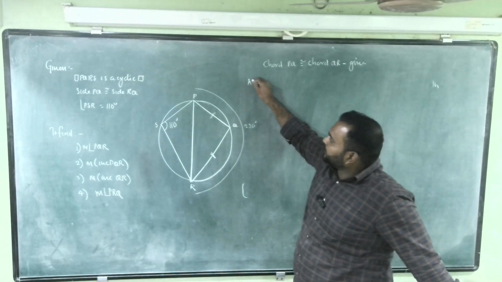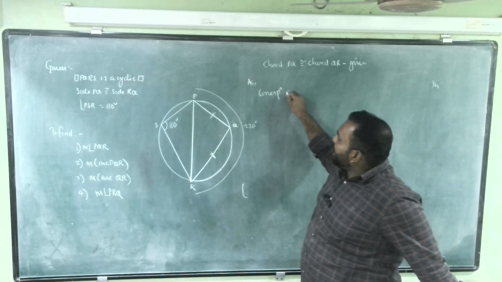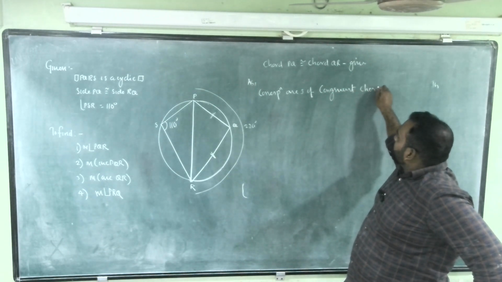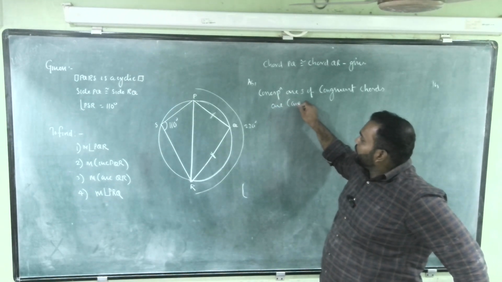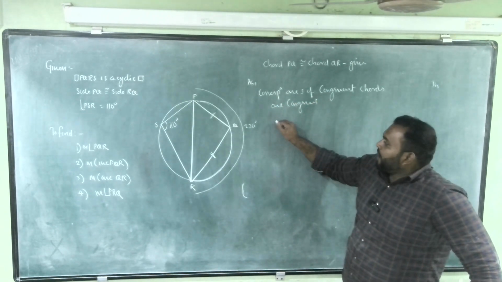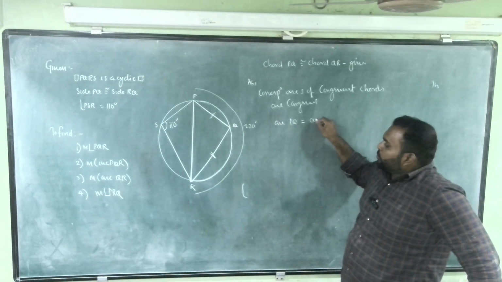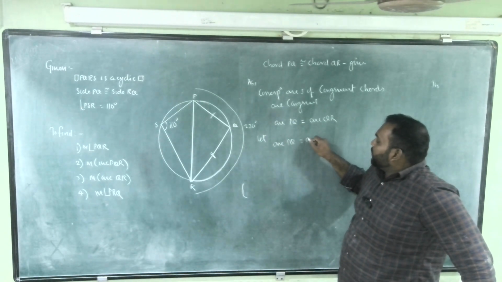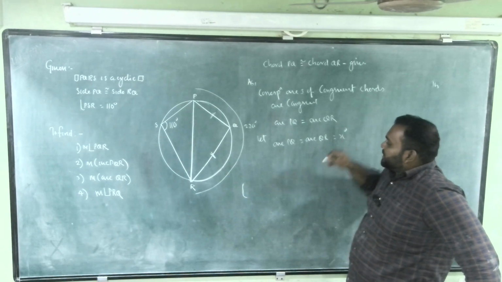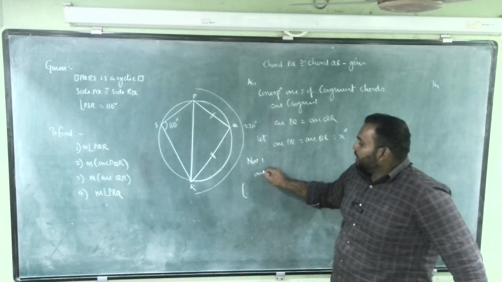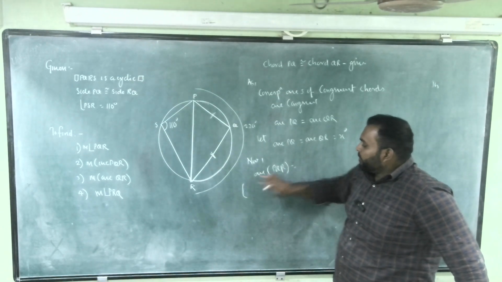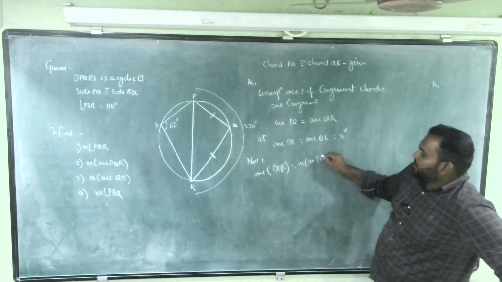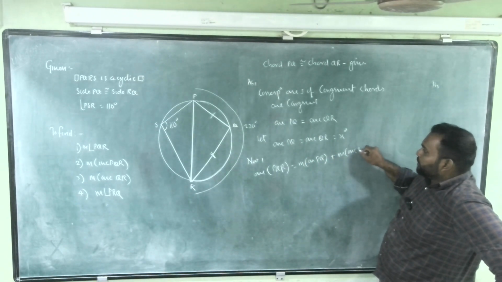Then I'll write as the reason: corresponding arcs of congruent chords are congruent. You have arc PQ is equal to arc QR. अब हम इसको ले लेते हैं x. Let arc PQ equal arc QR equal x. Now you know that arc PQR is made up of two arcs, right? One is arc PQ plus arc QR.